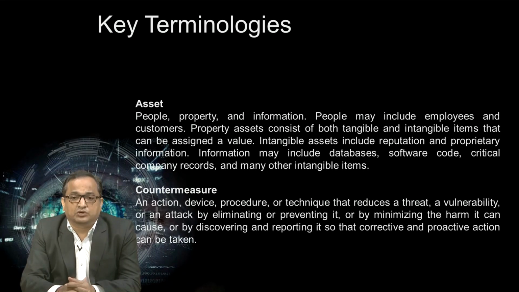Intangible assets include reputation and proprietary information, and information may include databases, software code, critical company records and many other intangible items. So, friends, these are the key assets that are associated in terms of cyberspace and we need to protect all these assets.